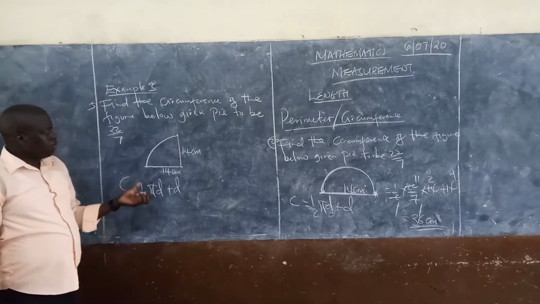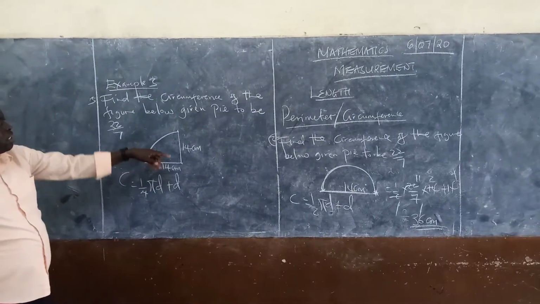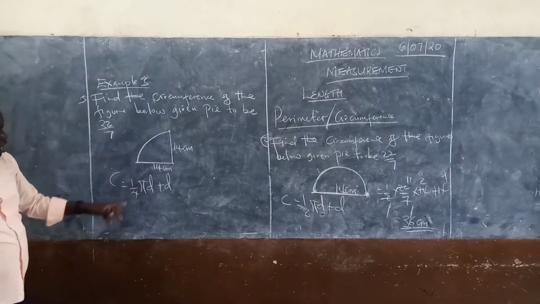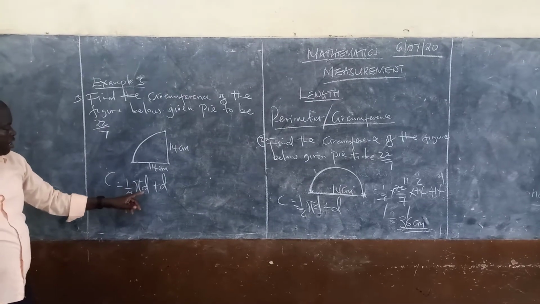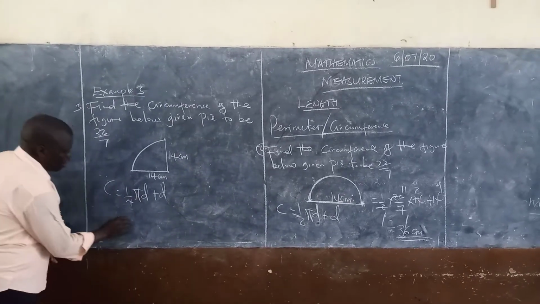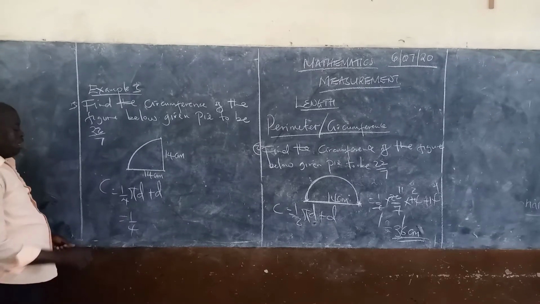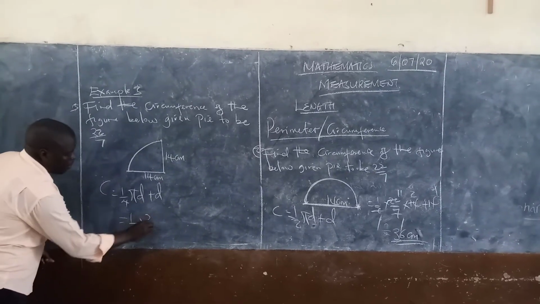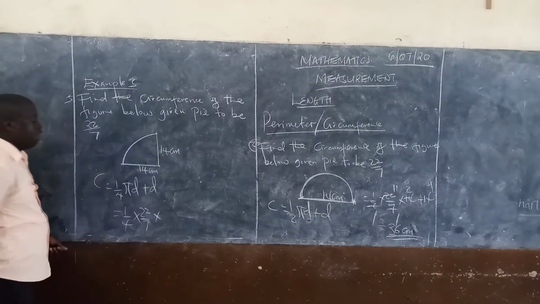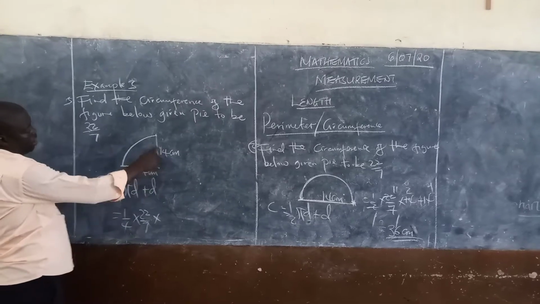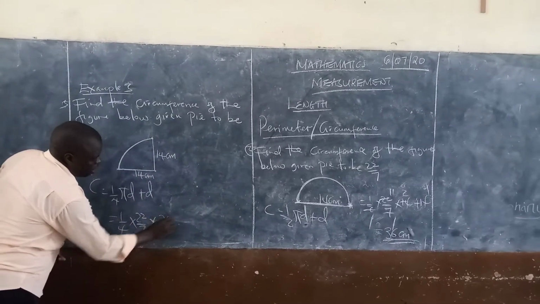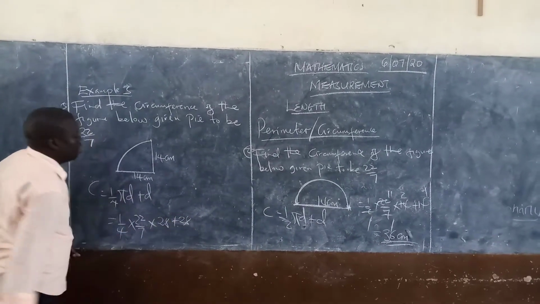So in this case, because we are looking at the perimeter, the distance round this figure, it is a quarter pi d plus d, whereby we have a quarter, our pi is 22/7, then our diameter is 28, then plus 28.